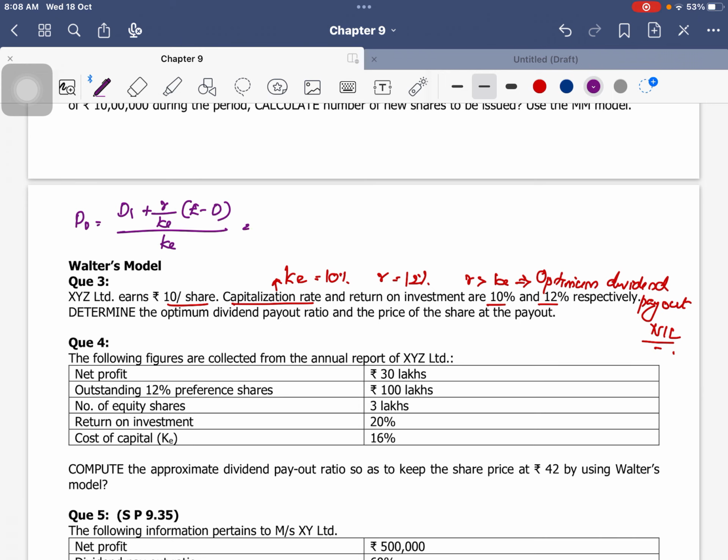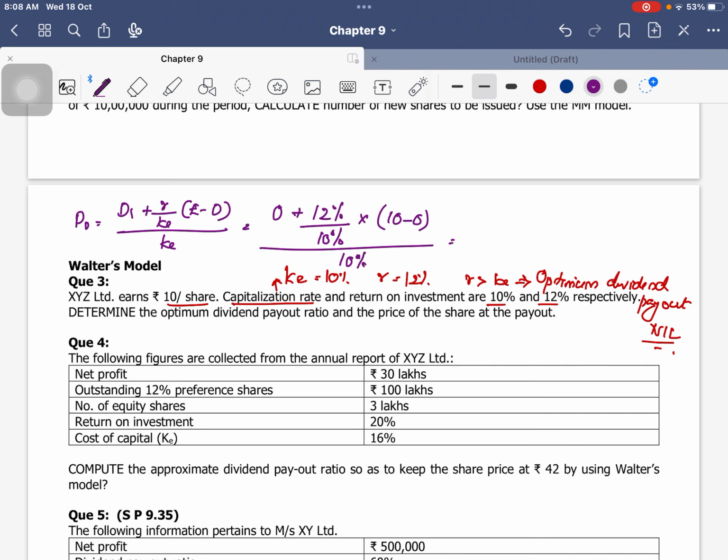The dividend payout is nil, so D1 will be 0 plus R, which is 12%, by KE, which is 10%, into E, which is 10. So 10 minus D, which is 0, divided by 10%.